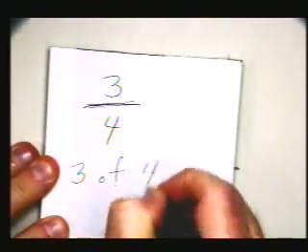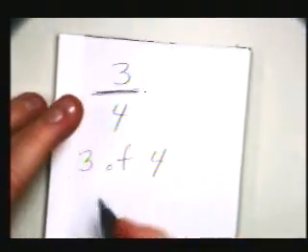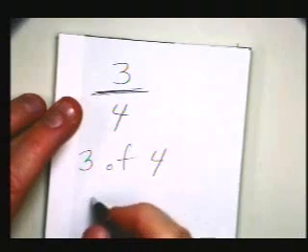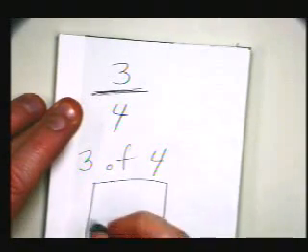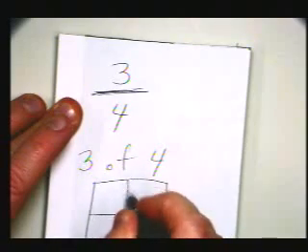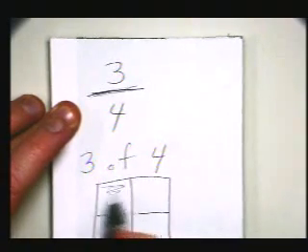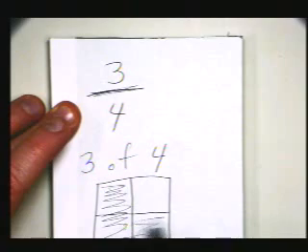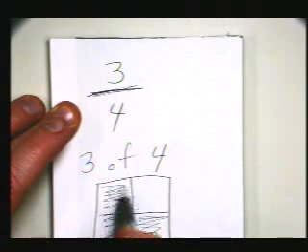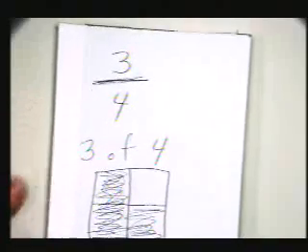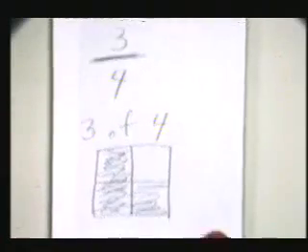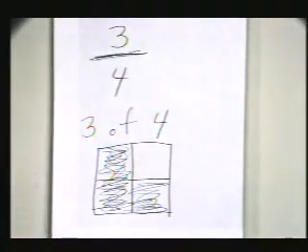3 of 4. So it's kind of like you have 4 squares, and 3 of 4 of these is what you're talking about. Okay? 3 of 4. I like that because it conveys meaning.